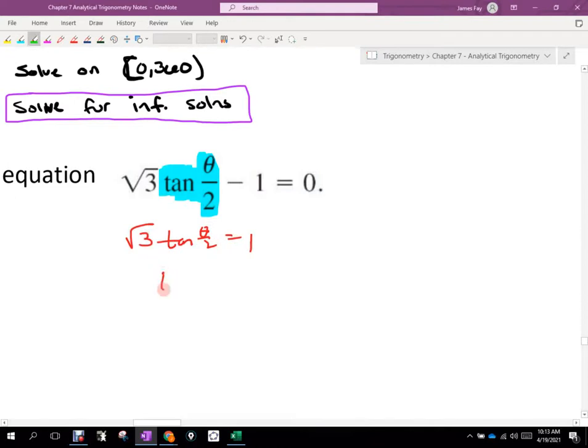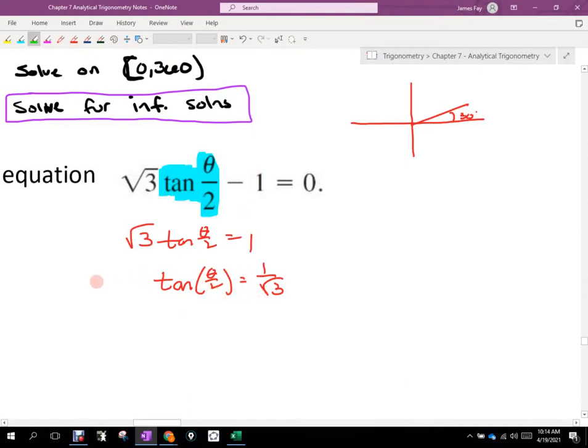And then you divide by root 3, and you can change that to radical 3 over 3 if you want. But does anybody remember off the unit circle, one angle measurement that attaches itself to a tangent of radical 3 over 3? Pi over 6. Okay, let's do it in degrees. So 30 degrees.